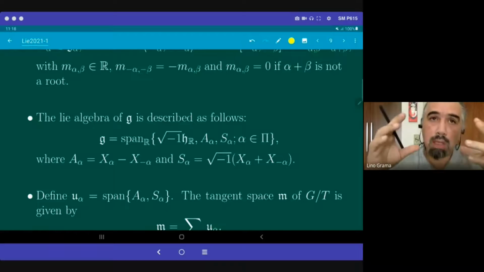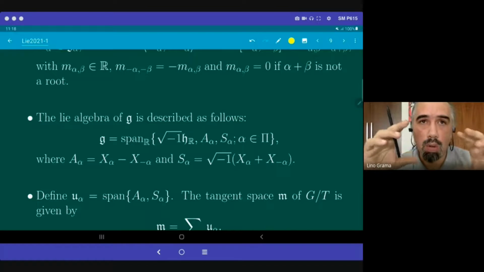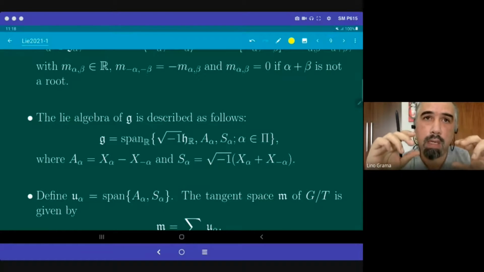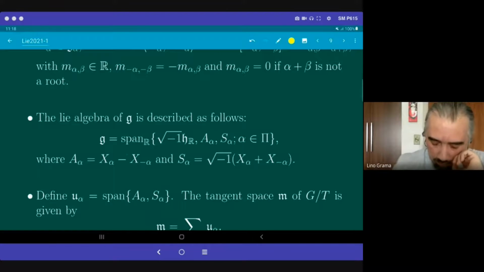now using the root space decomposition, we can give a basis for the compact real Lie algebra. The basis of the compact real Lie algebra will be spanned over R, the real numbers.